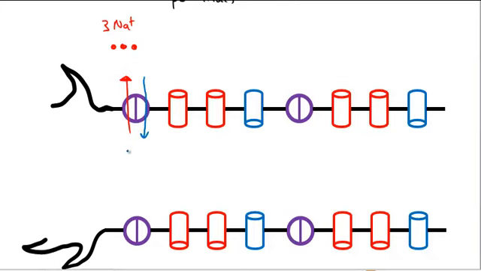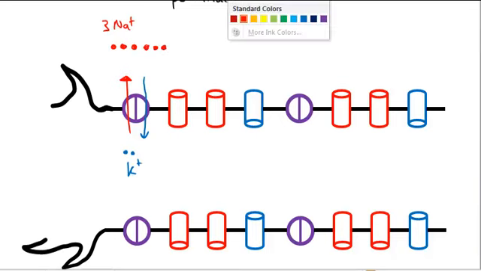sending 2K+ in. Okay, so the ratio is always going to be way more sodium and way more positives on the outside, and more potassium but not overall more positives on the inside in a resting potential situation.